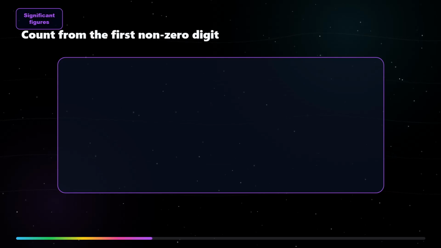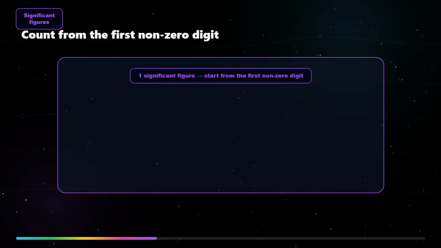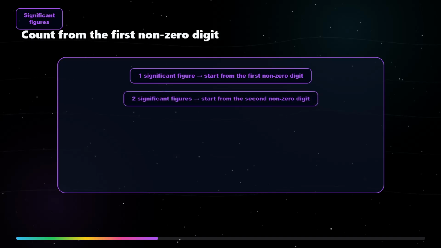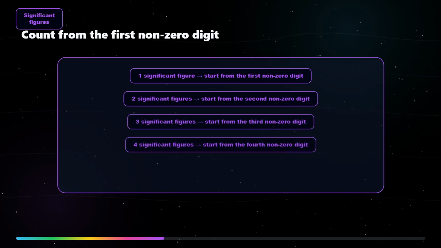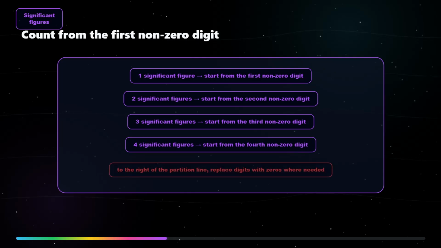They are still part of the number, but they are not the first significant figure. 1 significant figure means look at the first non-zero digit. 2 significant figures means look at the second non-zero digit. 3 significant figures means look at the third non-zero digit. 4 significant figures means look at the fourth non-zero digit. Then, just like before, look at the next digit after the partition line. 0 to 4 means stay. 5 to 9 means +1.